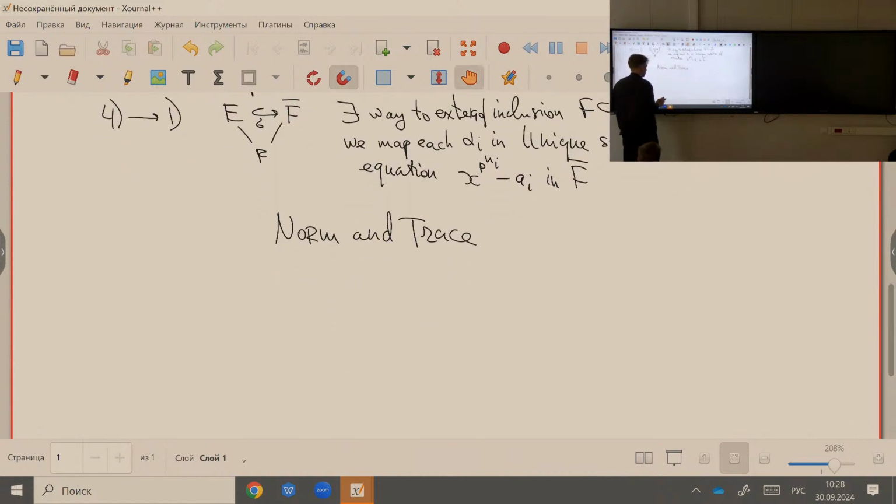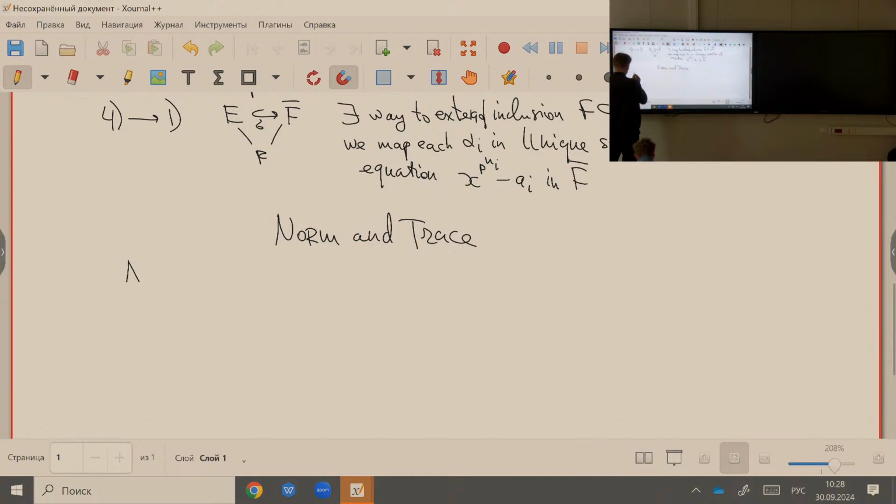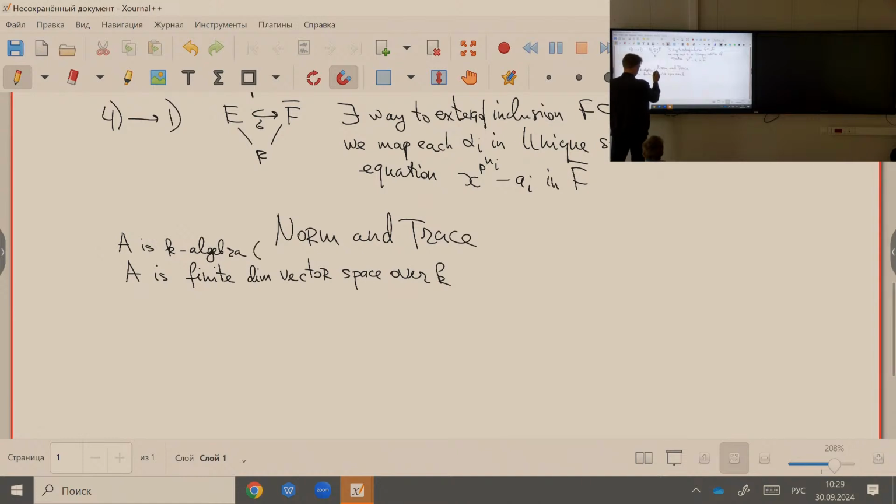Yeah, so notice that here we can think of A as a finite dimensional vector space over K. And assume that A is a K-algebra, possibly non-commutative.